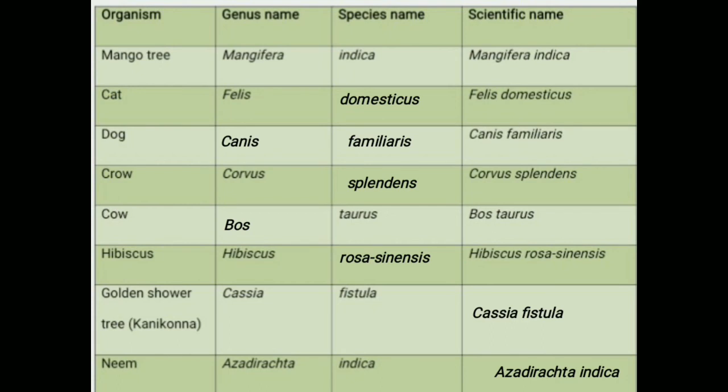So the genus name always starts with a capital letter, but the species name will always be in small letters. So these are two rules regarding binomial nomenclature. When it is handwritten, we can underline the two names separately, but when it is typed, we can give it italics font. And also, there should be space in between the two names.